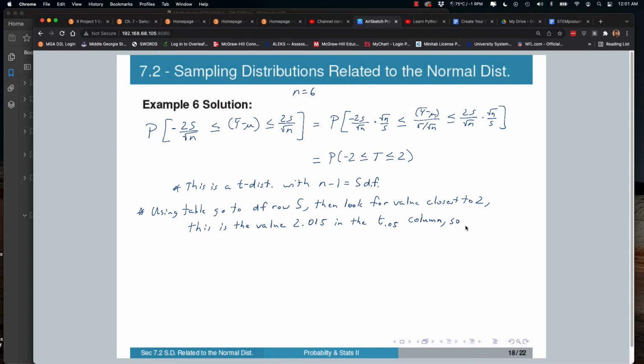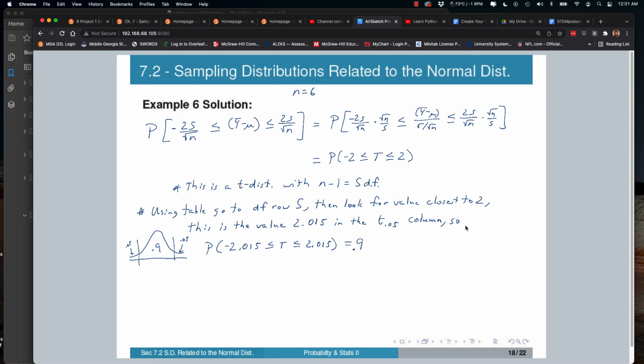So this is equivalent to the probability that negative 2.015 is less than or equal to t is less than or equal to 2.015. But as I said, those two values cut off a middle region, and this upper region here was for alpha equals 0.05, which means down here is also 0.05. So we know that this has got to be 0.9.